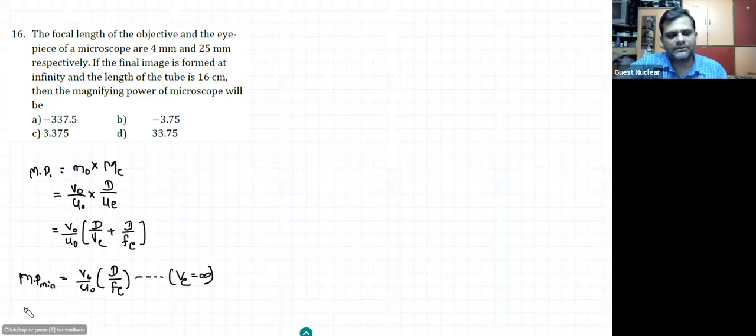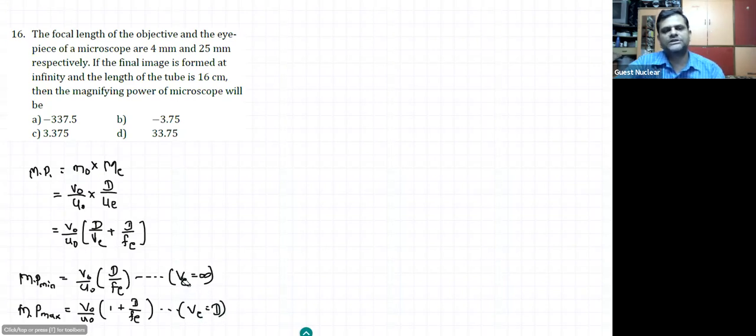And if this final image is formed at distance of distinct vision, then the magnifying power becomes maximum, and the value of that is VO upon UO into 1 plus D upon FE, which is obtained only when the final image is formed at distance of distinct vision. Okay, so this is all about the microscope, what we know here.